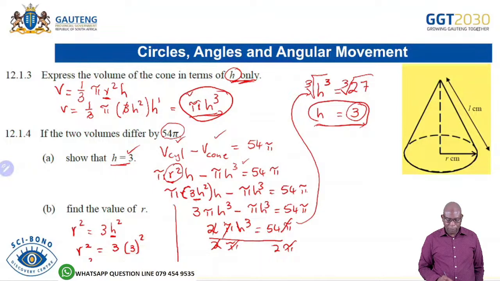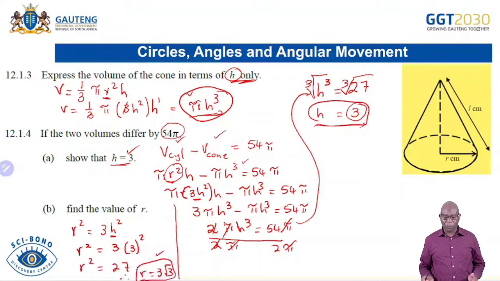Therefore, the value of r is going to be 3 root 3. I can write that answer in surd form, which is fine, or you can write it in decimal form.